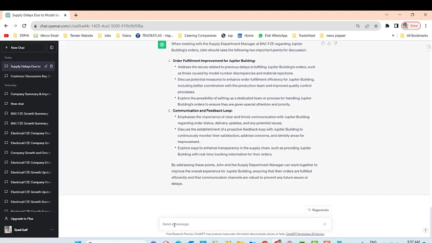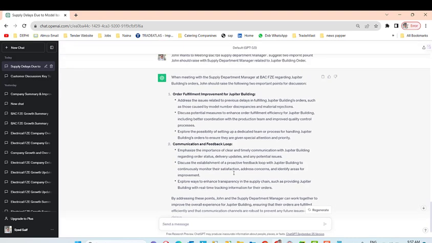Now you can see it's changed. The behavior of the reply changed because we restricted it to the particular customer. So go and read now. When meeting with the supply department at back FZD regarding the Jupiter building order, John should raise the following: order fulfillment improvement of Jupiter building.